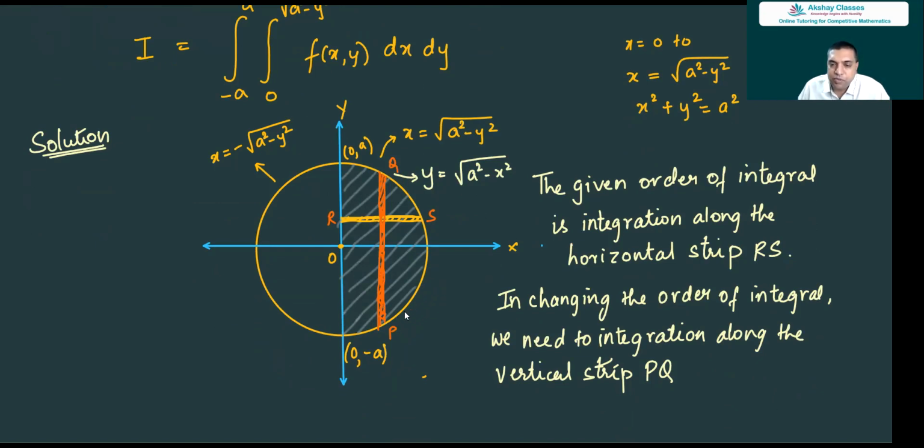The bottom portion will be y equal to minus root of a square minus x square. And now x will vary from 0 to a.